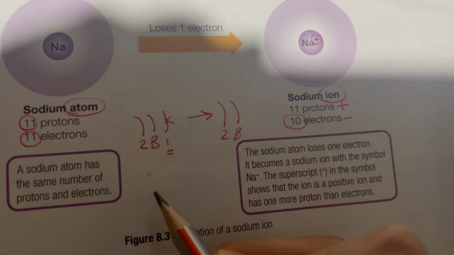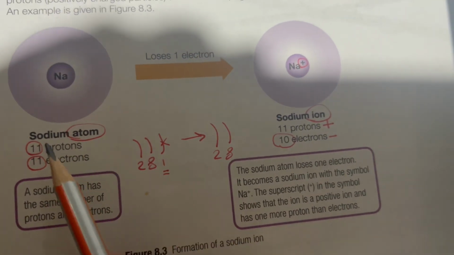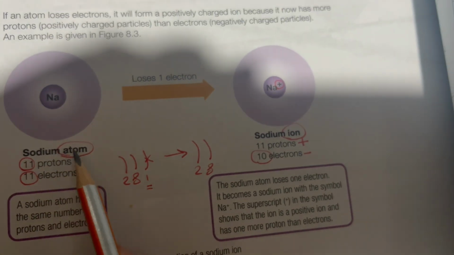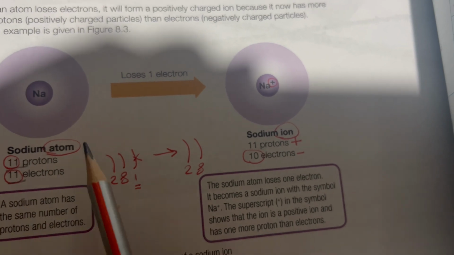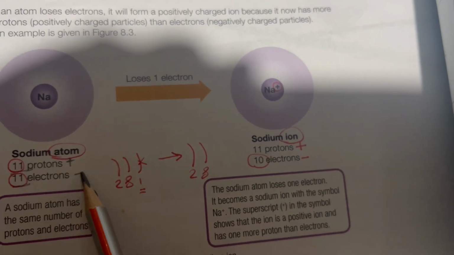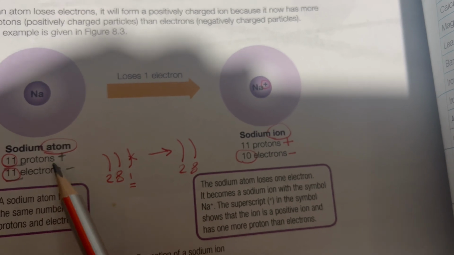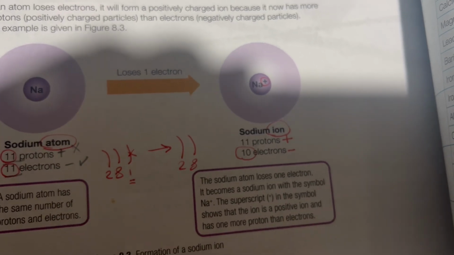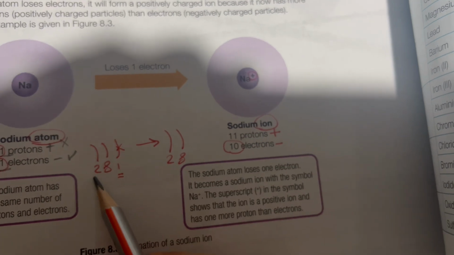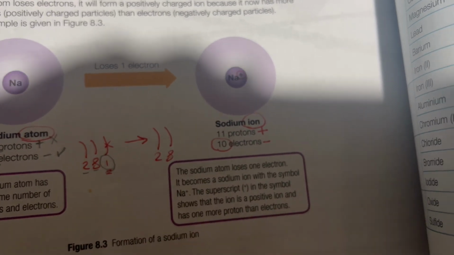Let's have a very simple example of a positive ion. Here you have sodium. A sodium atom naturally has, like any atom, the same number of positive protons and negative electrons. So here, the normal one, we don't talk about protons because they don't change. We talk about electrons only. So that's how the atom looks before losing or gaining any electrons.